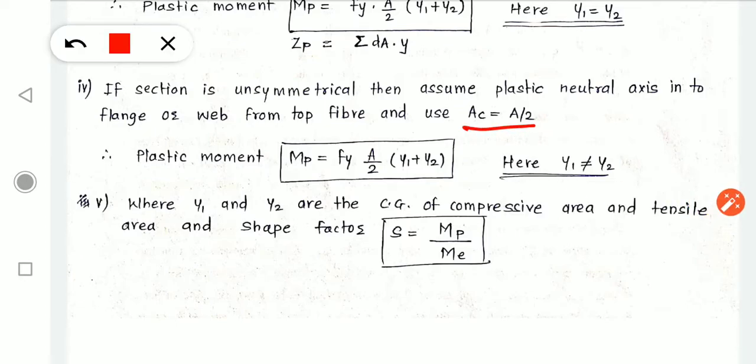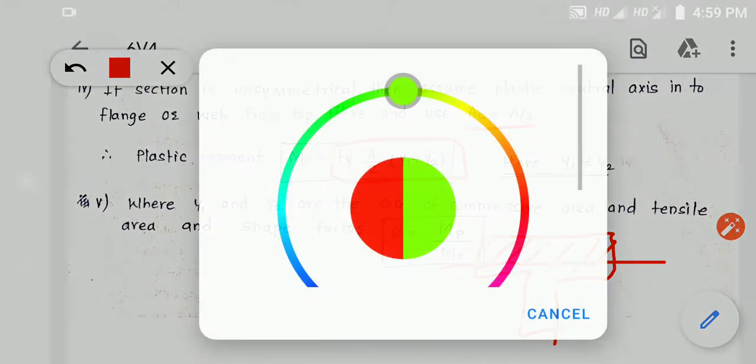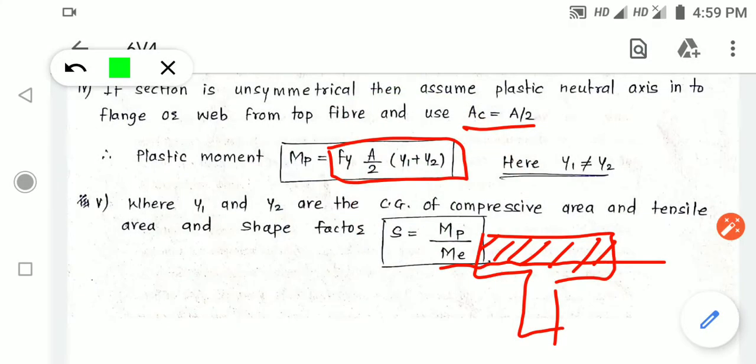Now calculate the plastic moment. The plastic moment formula remains the same, only the difference is in the unsymmetrical section. If I locate my neutral axis over here, the upper area is rectangular, whereas the lower area is kind of a T section.